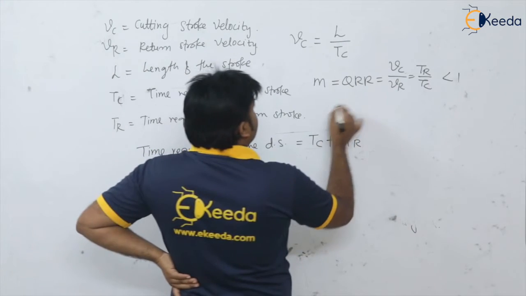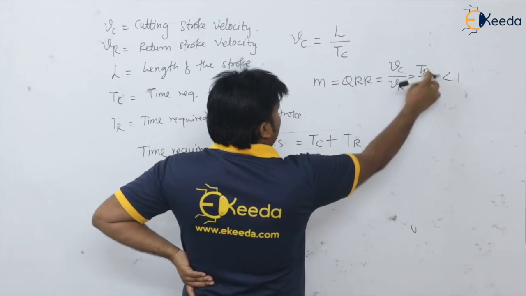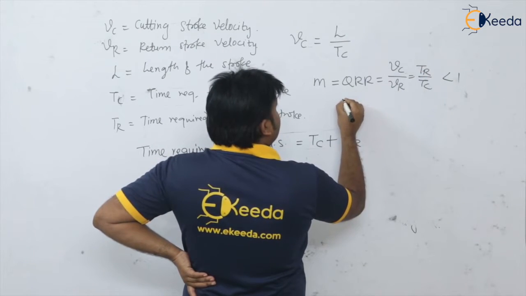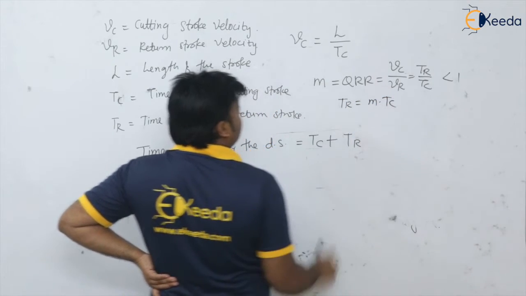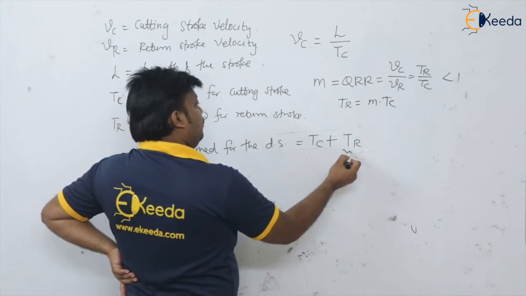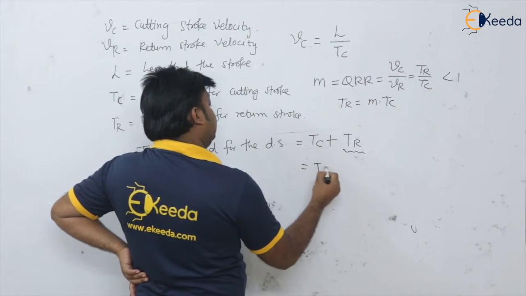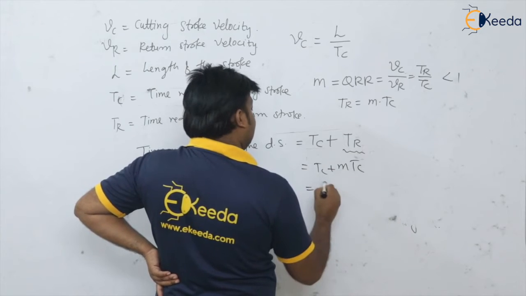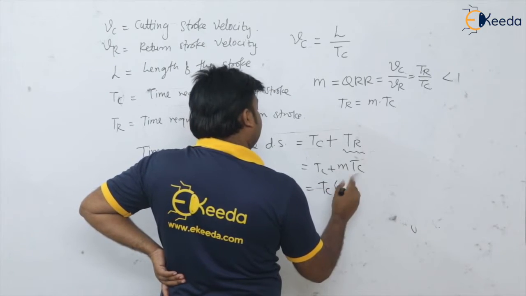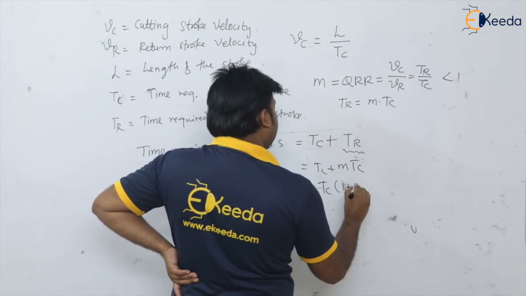Now see, if m is equal to TR by TC, then can I write TR is equal to m times TC? Yes, I can write. So put this value of TR here, that is TC plus m into TC. Take TC common. TC, the cutting time, into bracket 1 plus m.